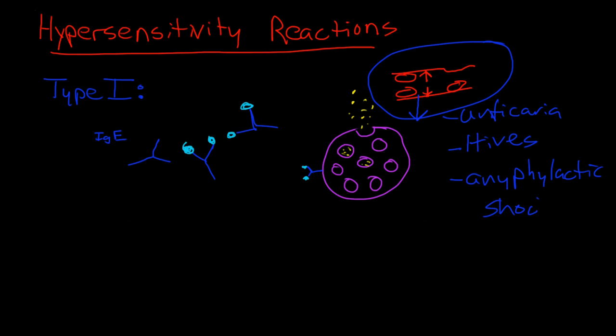Anaphylactic shock is because if we have massive vasodilation and capillary leak happening instantaneously throughout the body, we have a dramatic drop in blood pressure, and that is what causes the shock.